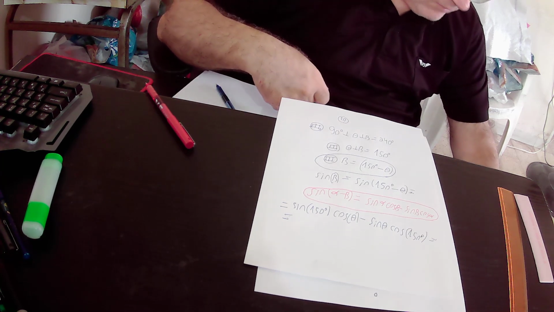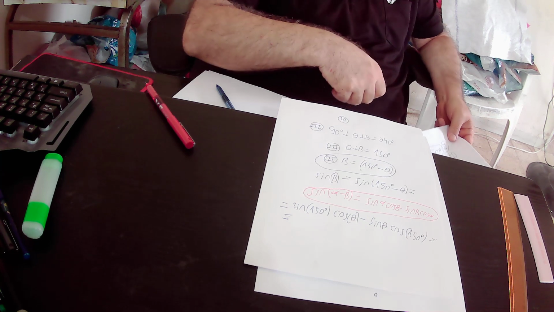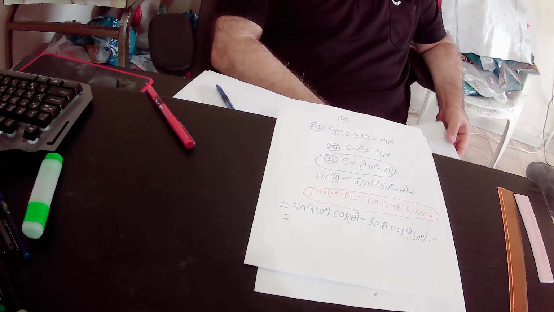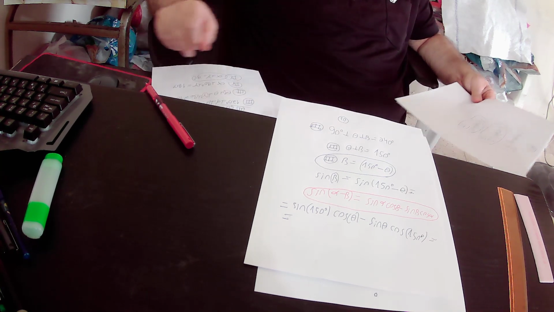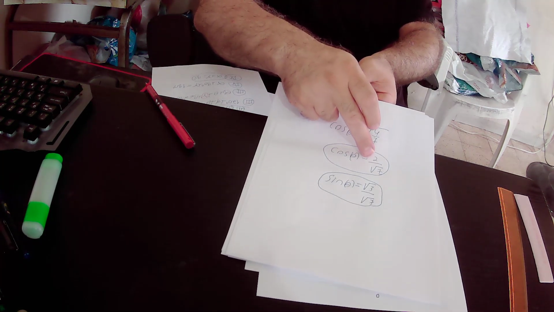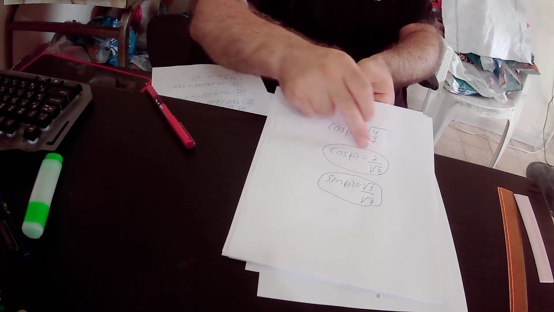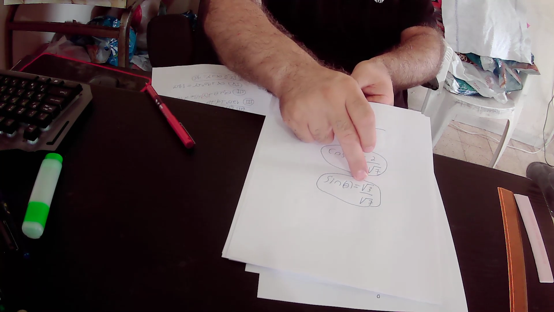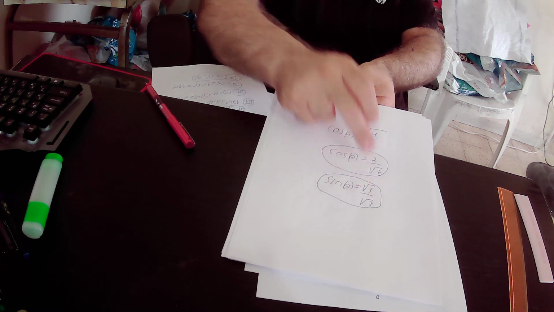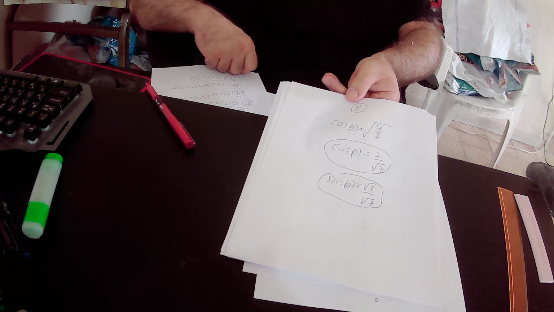But we have already found out the values of cosine theta and sine theta. Actually, we found that cosine theta equals 2 over root 7 and sine theta equals root of 3 over root of 7. Okay?